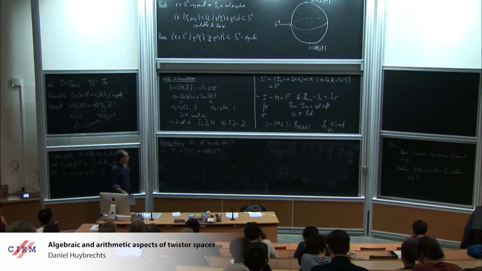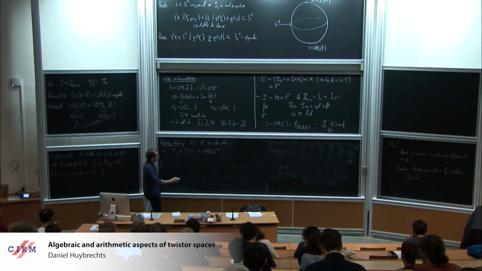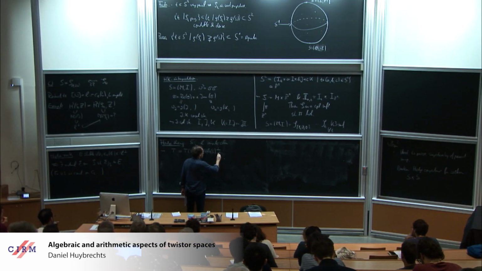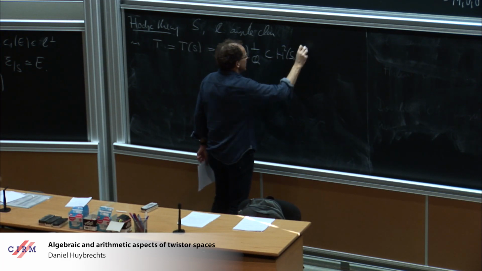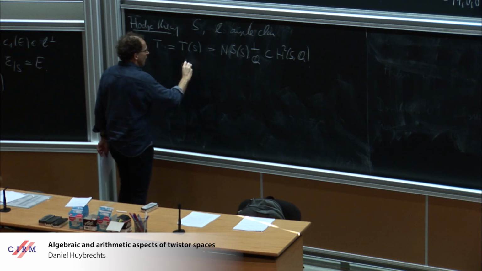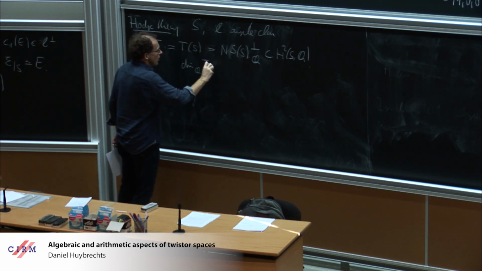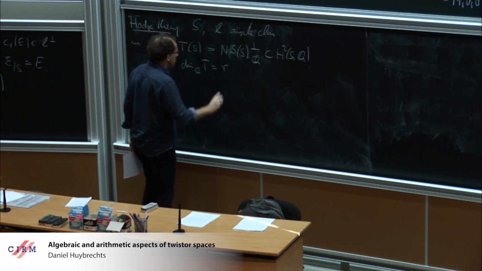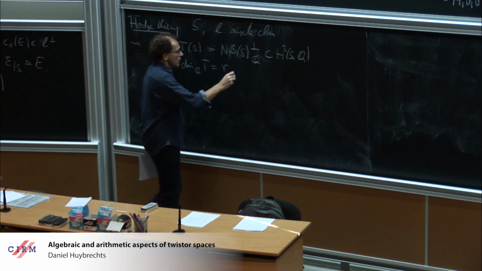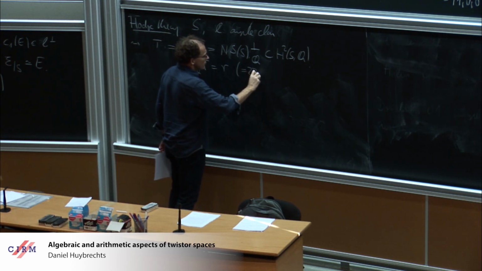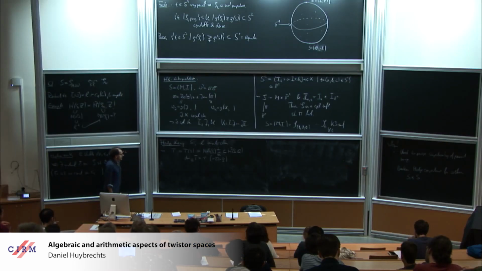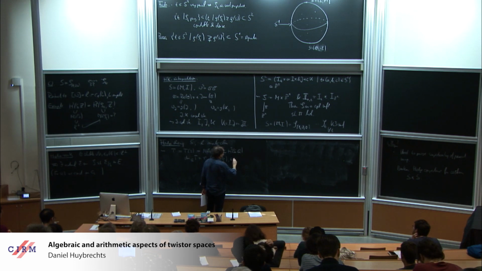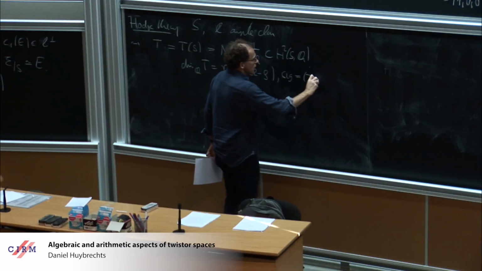In fact, I don't need the integral structure, I only need the rational structure, so I put a Q here. So that's a Q vector space. Let's call its dimension r. For the K3 case, it would be 22 minus rho, of course. And it comes with an intersection pairing that has two positive eigenvalues, and the other ones are negative.